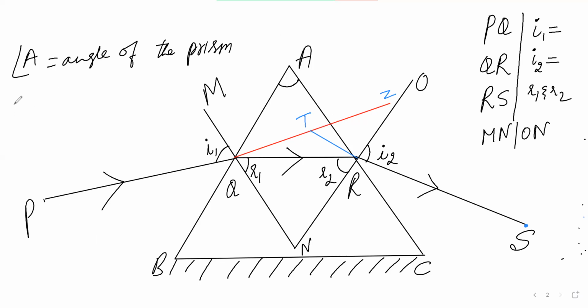PQTZ is the path of the light in the absence of the prism. And this angle is called the angle of deviation, small d. Is it clear? So D is the angle of deviation. This is all about the diagram.